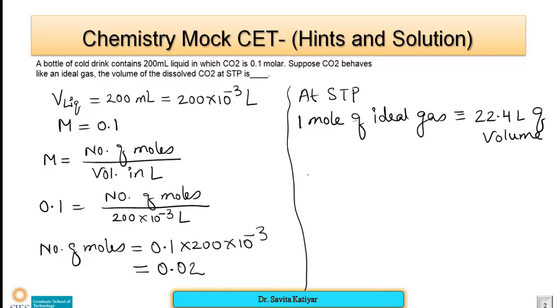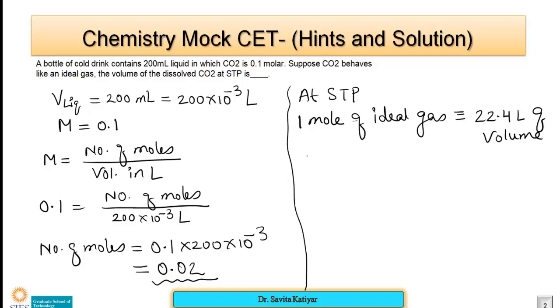So we have to find out for 0.02 moles of CO2. So it is known that 1 mole of ideal gas occupies 22.4 liters of volume at standard temperature and pressure condition.